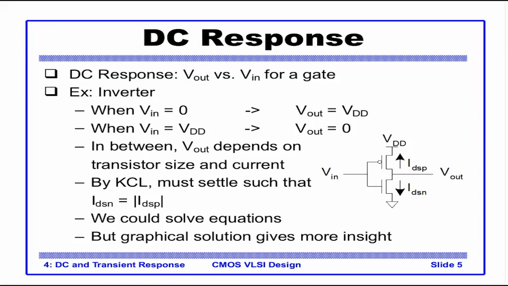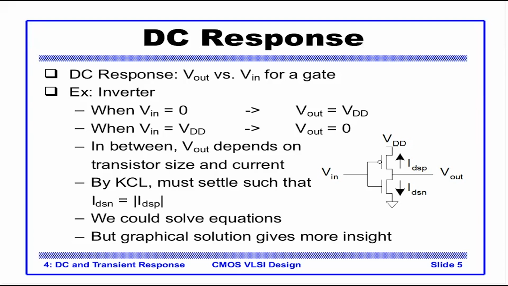At the node V out, since both are in the same direction, IDSN is equal to the absolute value of IDSP. This way we could solve the equation: we keep the equation for the current of the PMOS on one side, and the equation for the current of the NMOS on the other side. It's not a simple linear equation, but it can be solved. But we'll look at the graphical solution, which gives more insight into what happens during the switching.